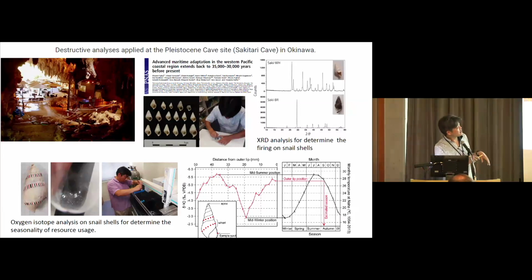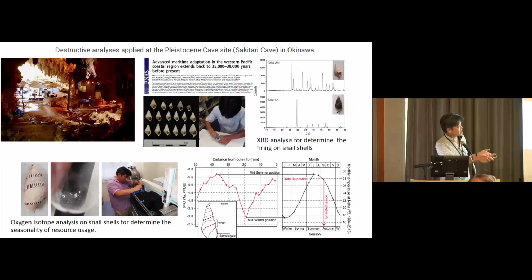The XRD analysis is used for determining the firing, cooking by prehistoric humans. We have white-colored and dark-colored specimens, and the shells consist of basically aragonite, but after firing, it changes to calcite.